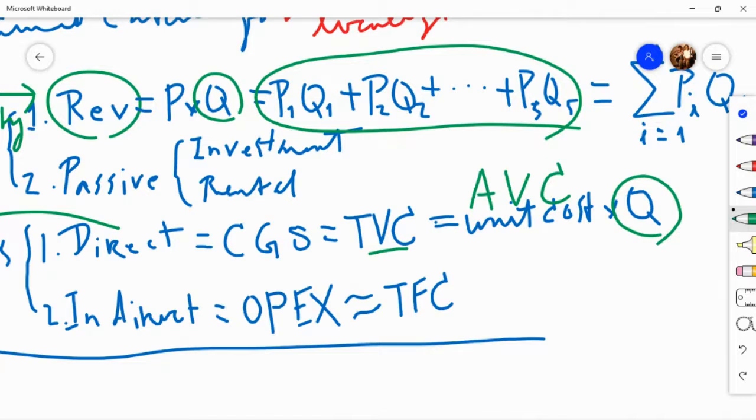Another thing is, I don't know if I told you this last time, CGS, cost of goods sold, is exactly the cost side of the revenue, right? Think about it. I used Dell as an example, Dell and Best Buy.